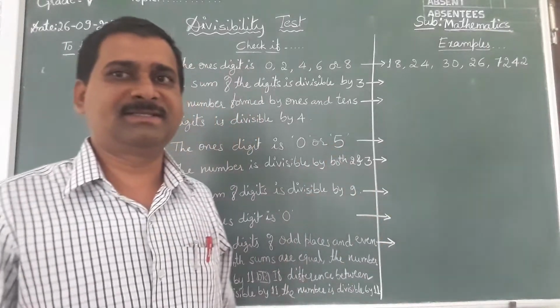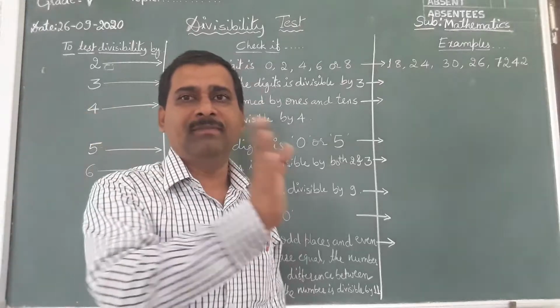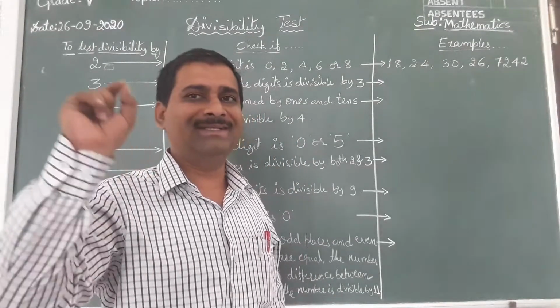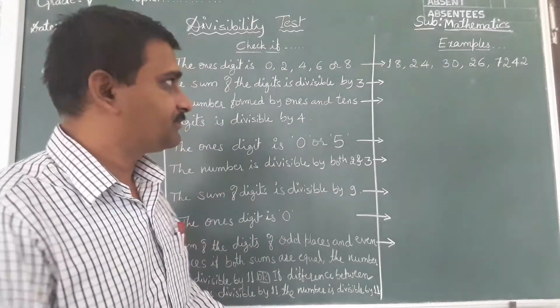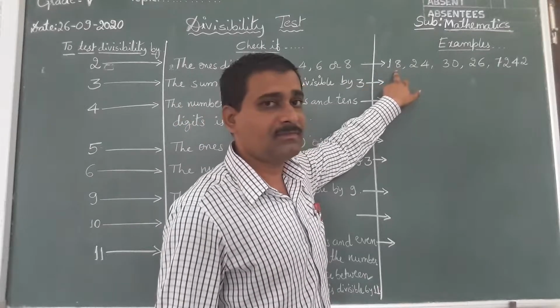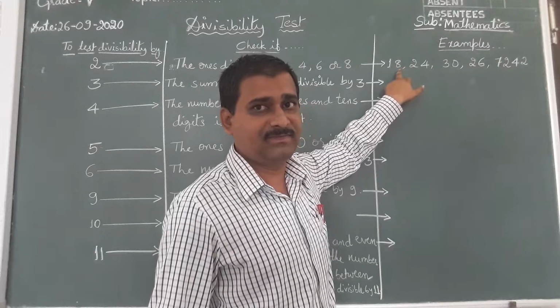What does the rule say? No need to see the whole number, only the ones place digit we have to observe. For example, 18. Only the ones place, 8.